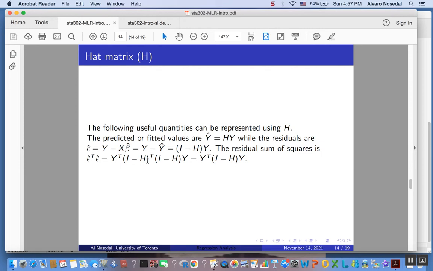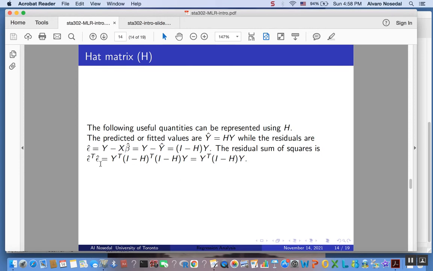They are symmetric, meaning, in the case of I minus H, that I minus H transpose equals I minus H. And the second property is that both H and I minus H are idempotent, meaning that in the case of H, H times H is equal to H, and in the case of I minus H, it's something similar: I minus H times I minus H gives you I minus H. So both of them are symmetric and idempotent.